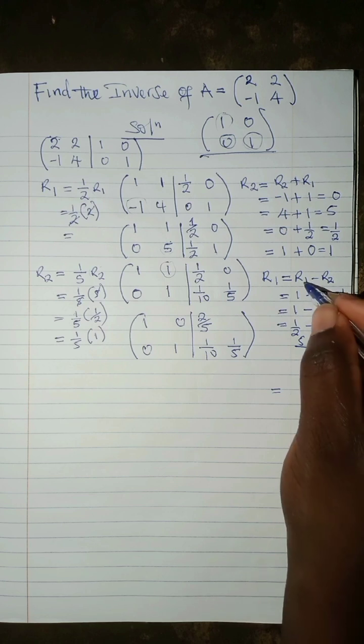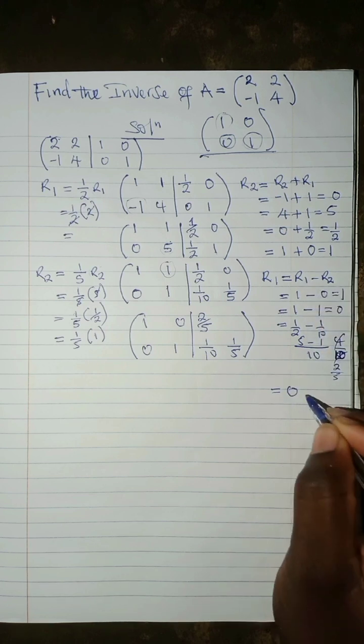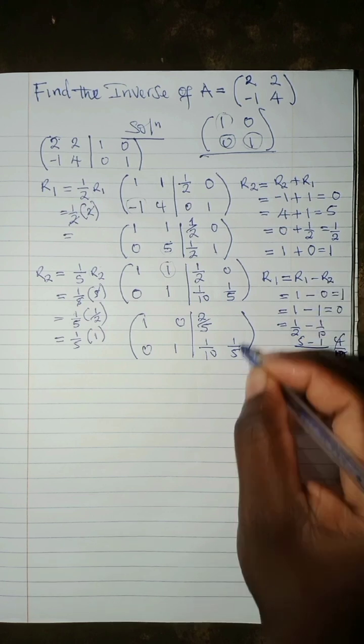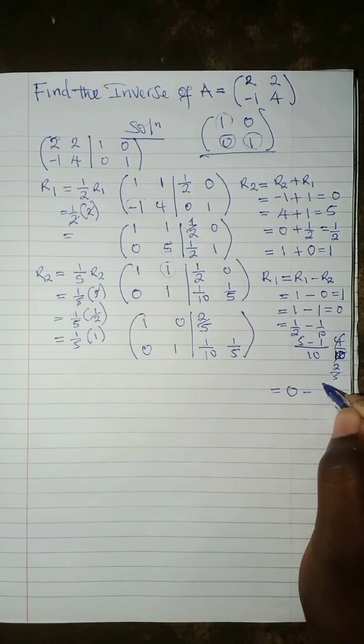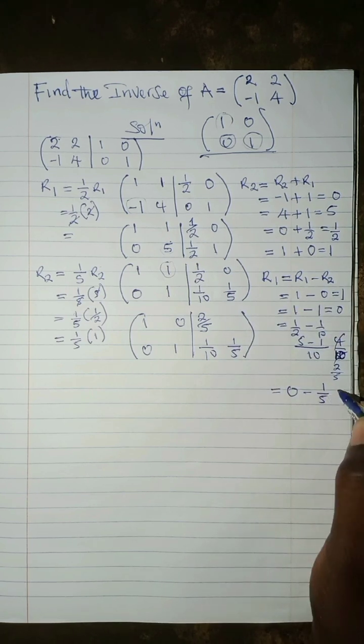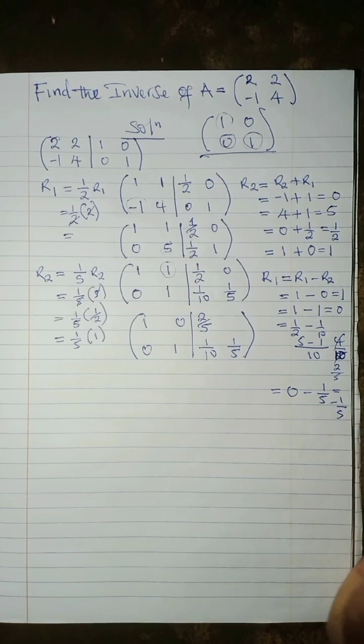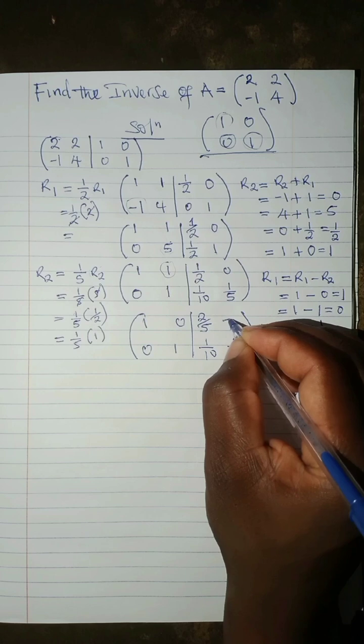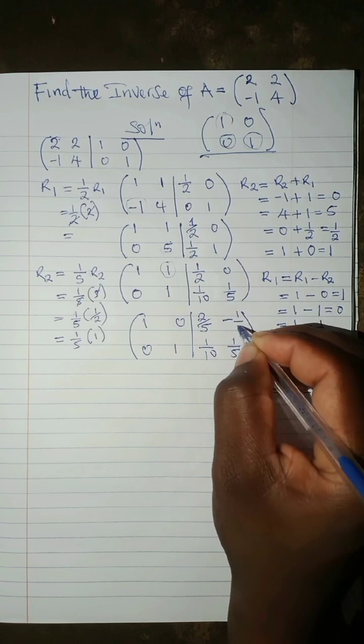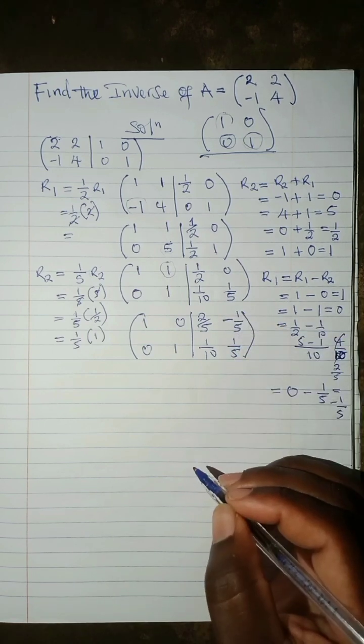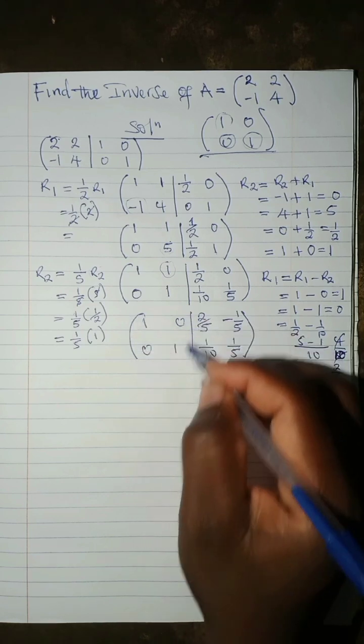So what is the number which is in row 1? It is 0. Minus the number in row 2, it is 1 over 5. When we subtract this, we're going to have negative 1 over 5. So this means here we have negative 1 over 5, like that. So when we see properly, we have formed our identity, this part.